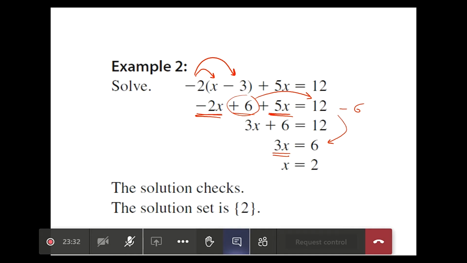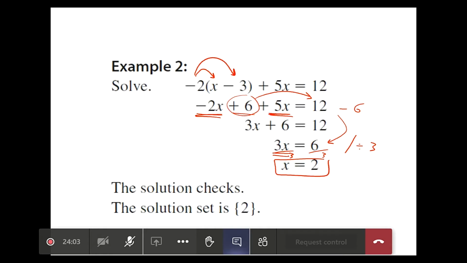The final step, we must divide by 3. Why 3? This is the coefficient. I don't need 3x, I need to find x only. So we divide by 3 to remove the 3 that multiplies x. After dividing by 3, we have x equal 2.